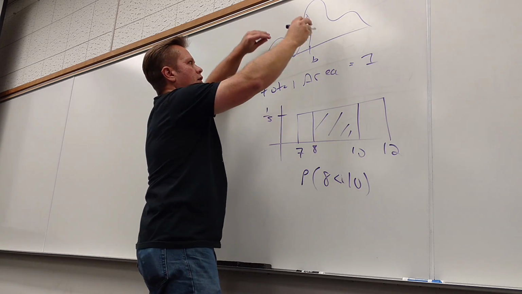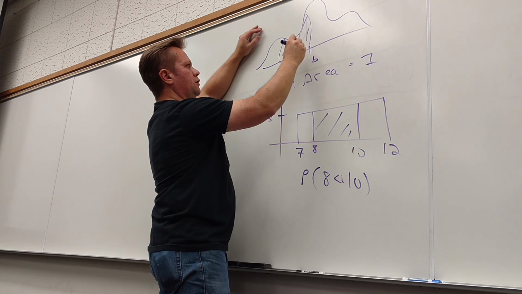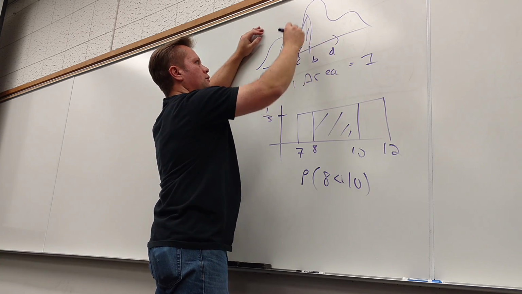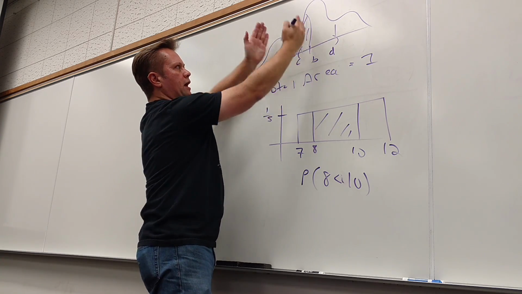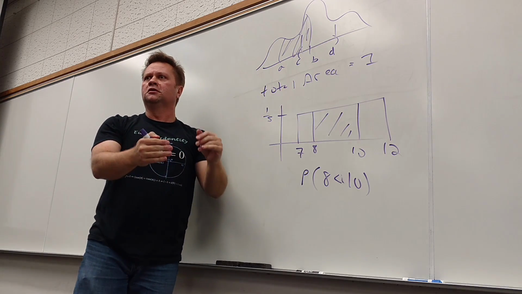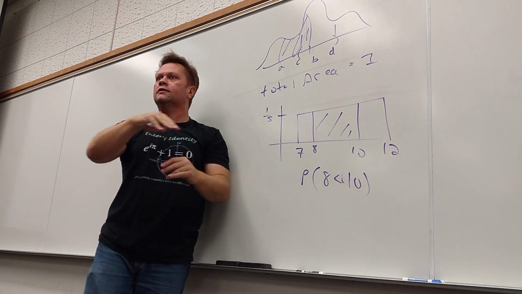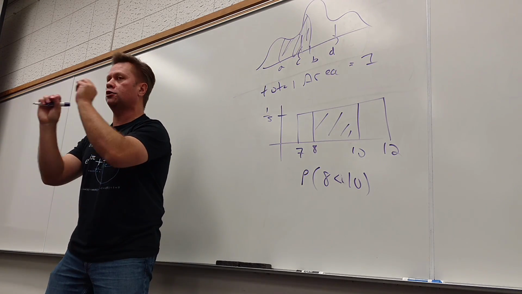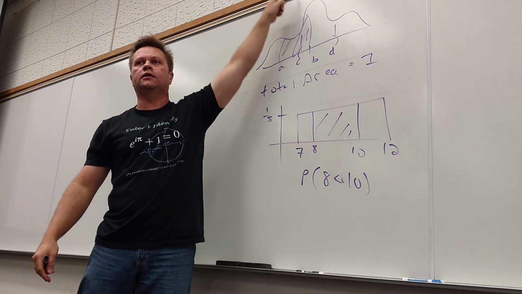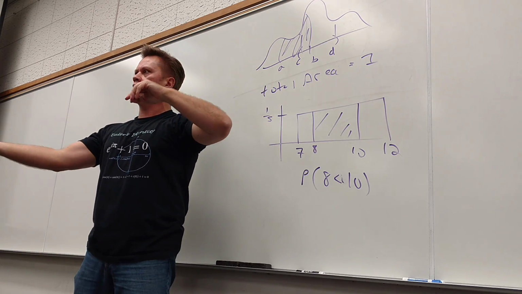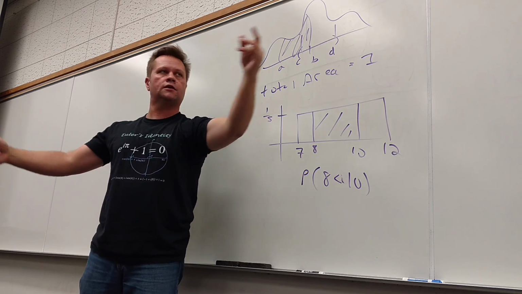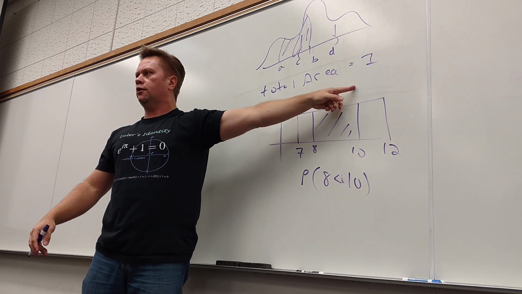So if this is my A to B and this is C to D, which one has more area in it, A to B or C to D? C to D, see, that's where more of it is, right? So there's a higher chance I would get something in C to D. So areas are directly related to probabilities when I draw it so it has a total area of 1.